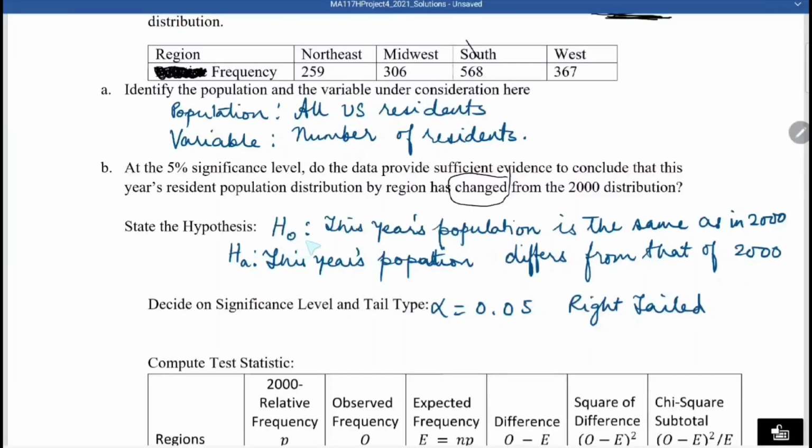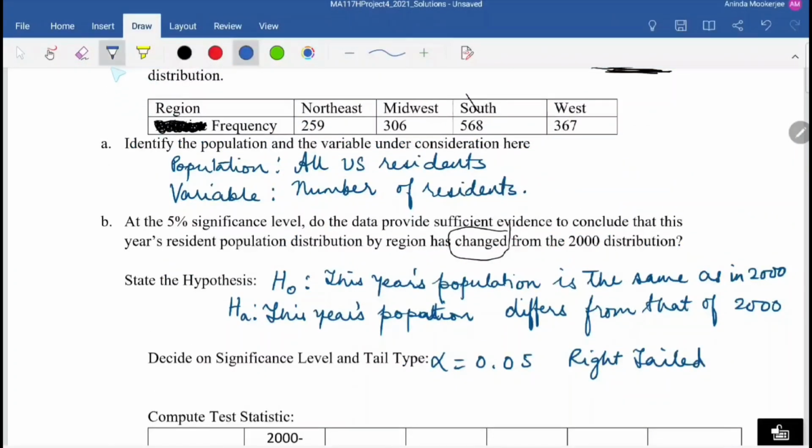So the null hypothesis is going to state this year's population. Well, I'm going to add a word here to make it more precise and use a red ink. Null hypothesis says this year's population distribution. All right, that's a very important word, distribution, that was missing here.